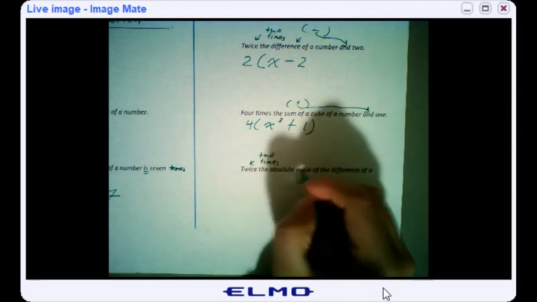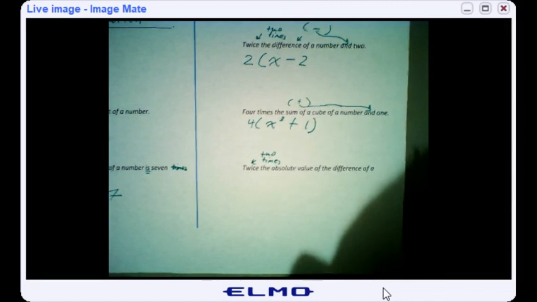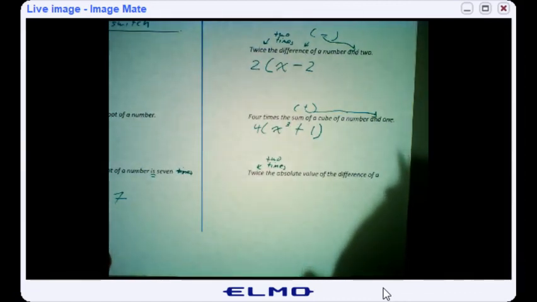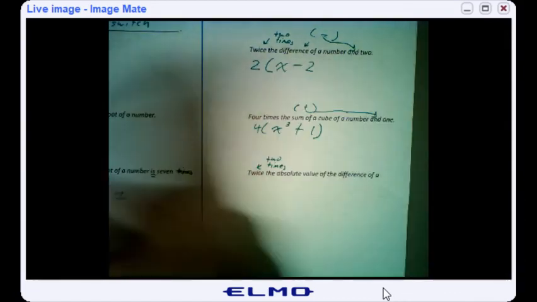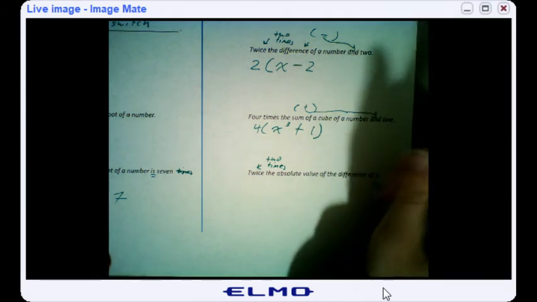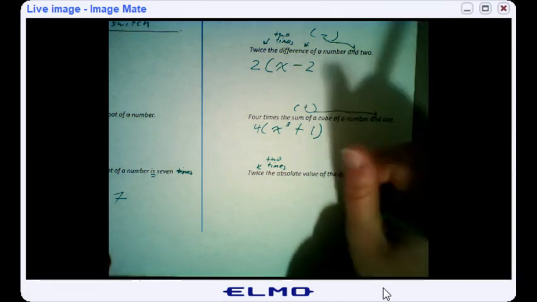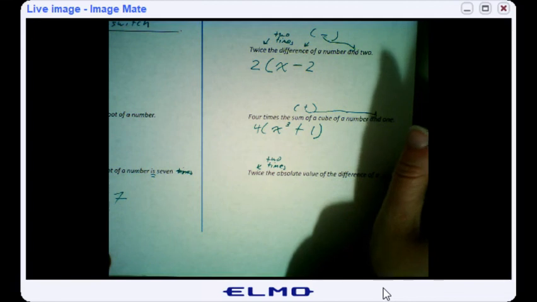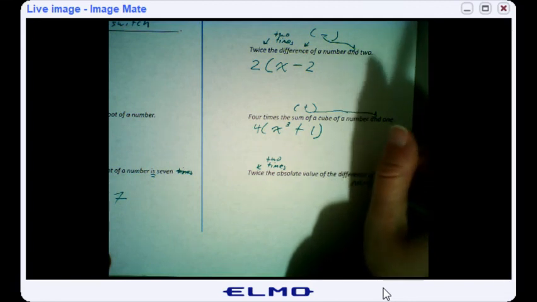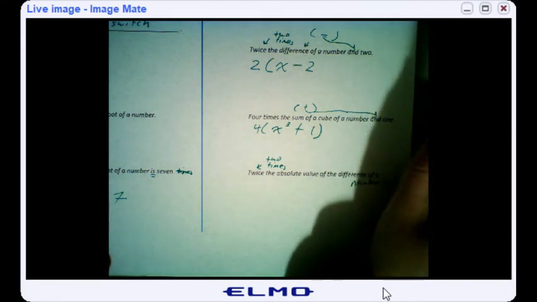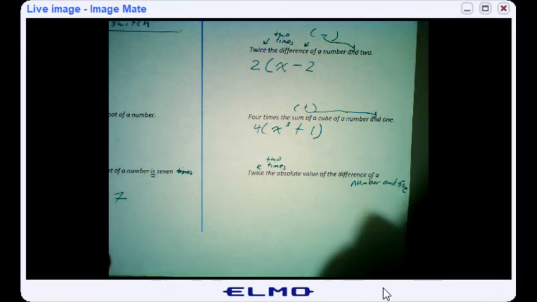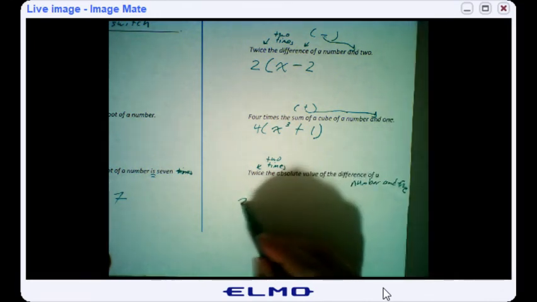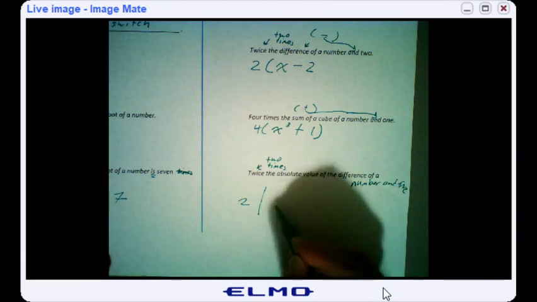The absolute value of the difference of a number and 5. So we get 2 absolute value difference.